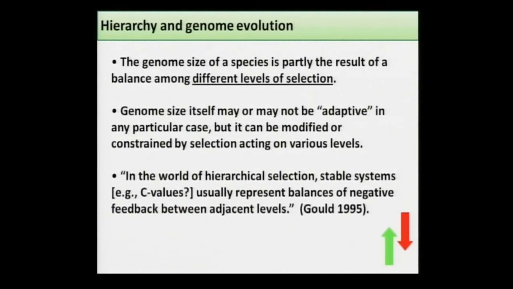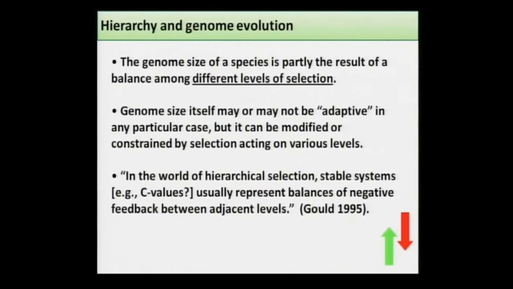One possibility is that the genome size of a particular species, that question that science had, why are some so big, why are some small, it could be the balance of different levels at which selection is operating. Intragenomic selection, favoring accumulation of transposable elements, making genomes bigger, constraints on the organism, on their development or metabolism, making genomes smaller, and somewhere in the middle is what you get.